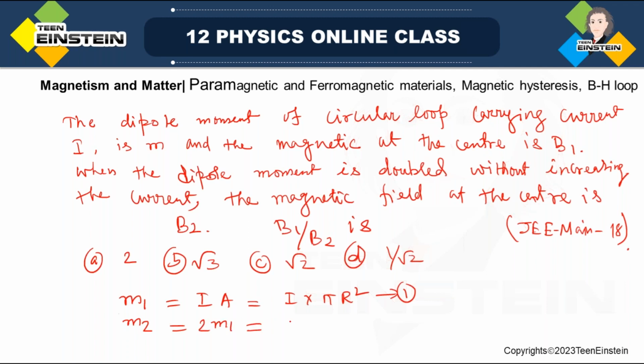How can we get this 2M1? We can get it as I into pi into √2 r whole square. This would give you 2M1, right? So we can imply that the radius of the circular loop is now √2 into r. So this is the clue.